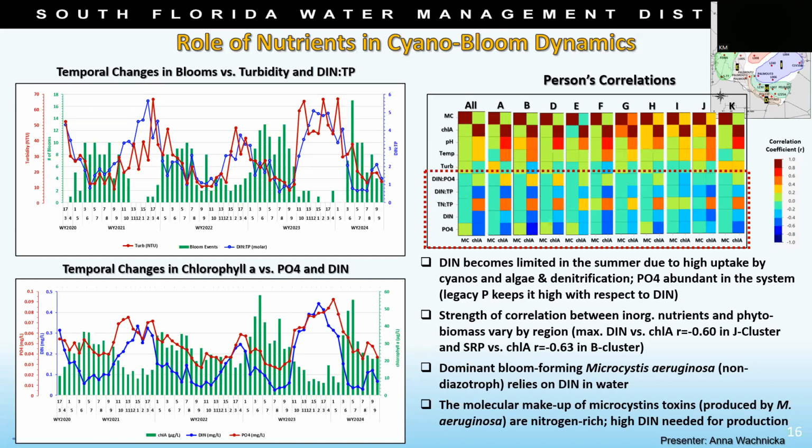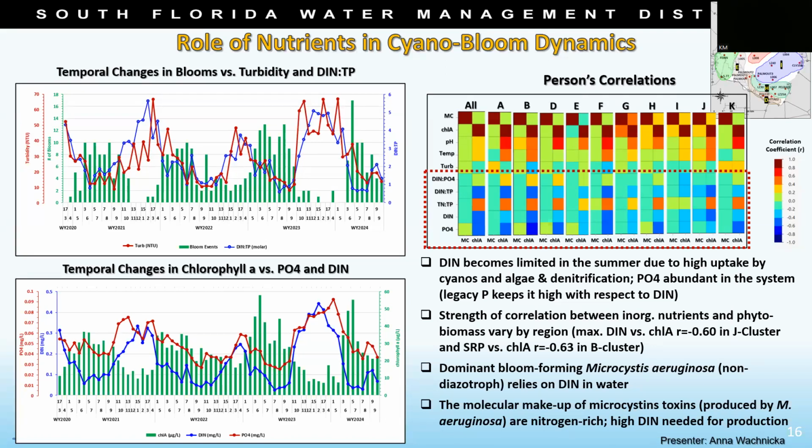We have very low concentrations of nitrogen in the system during the wet season. So we have nitrogen limited conditions during the wet season, and this is because the nitrogen is taken up by cyanobacteria from the water. Once the blooms start, once the water gets warmer, around late spring, end of April, the biomass of cyanobacteria starts increasing, and that's when the dissolved inorganic nitrogen and also phosphorus decline steadily until the end of August.